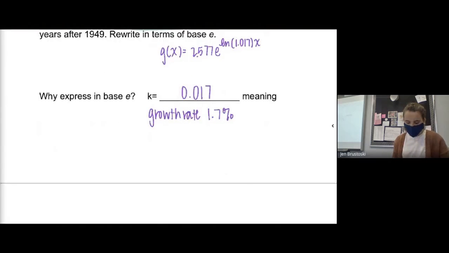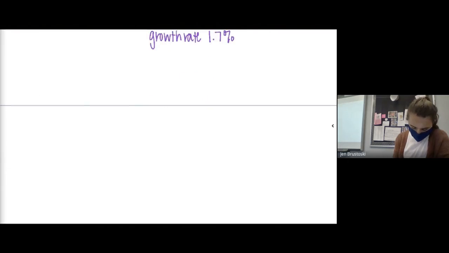The way I'll explain it is, let's say we go out to dinner and we spend $9 on our meal, and we want to know what our total is after tip. So let's say we leave a 20% tip.